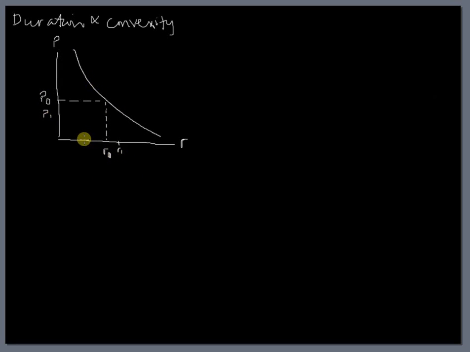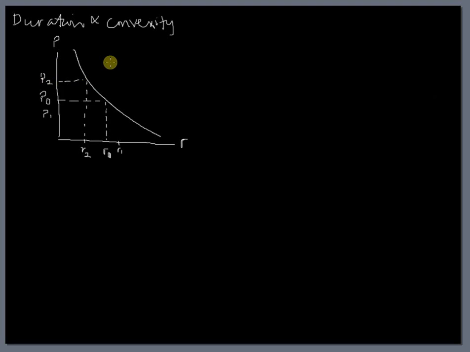On the other hand, let's assume that the yield falls to R2, and again it's clear from the graph that we experience a rise in the price, and the price becomes P2. So we make a gain. As we can see from the graph, when yields fall, we make a gain.